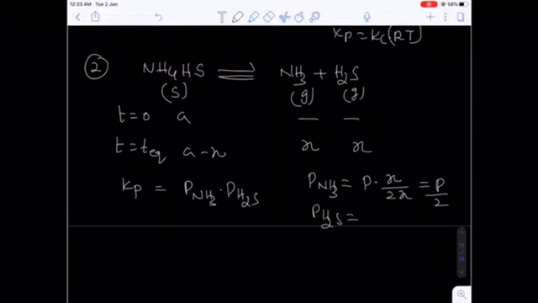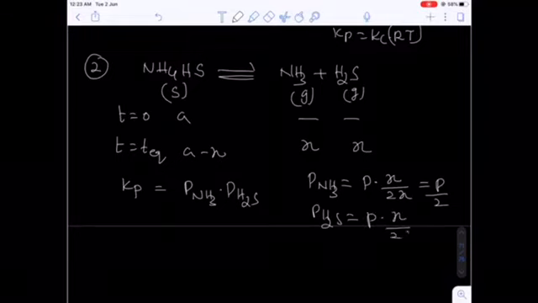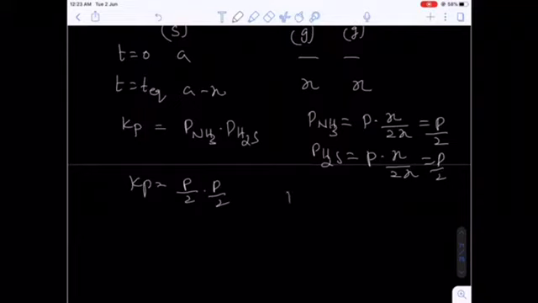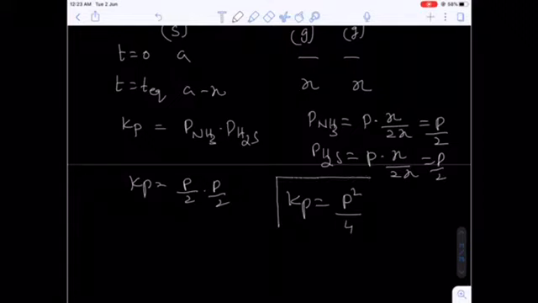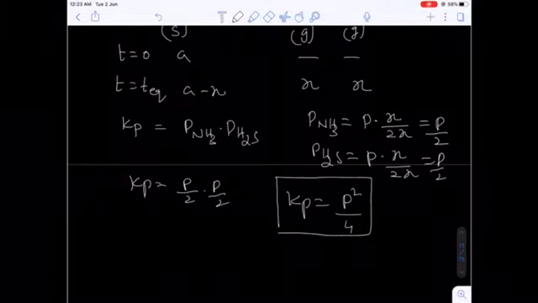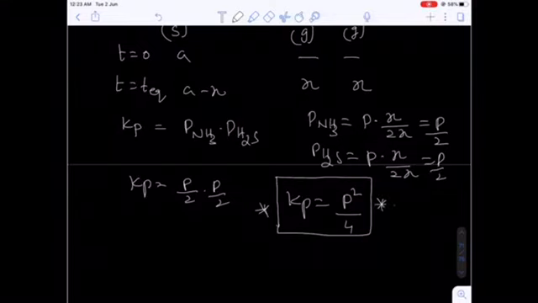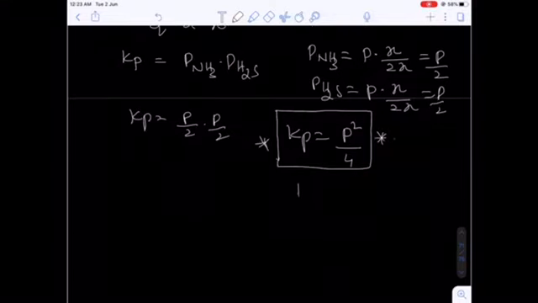So the partial pressure of ammonia will be P by 2 and the partial pressure of H2S will also be P by 2. So Kp is equal to P by 2 multiplied by P by 2. So what is the Kp expression? Kp is equal to P square by 4.